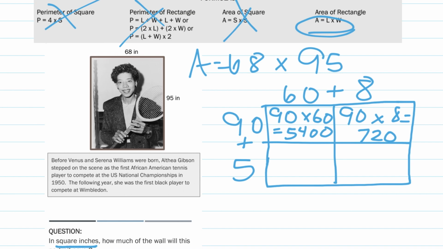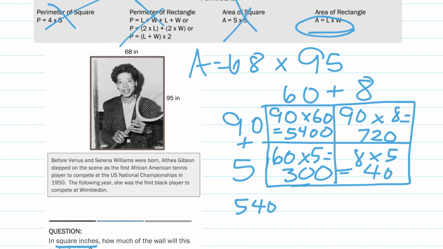Bottom left, I'm multiplying 60 times 5, which equals 300, because I have 30 plus 10. And finally, the last box is 8 times 5, which equals 40. So I'm simply going to add my partial products to get my final answer.